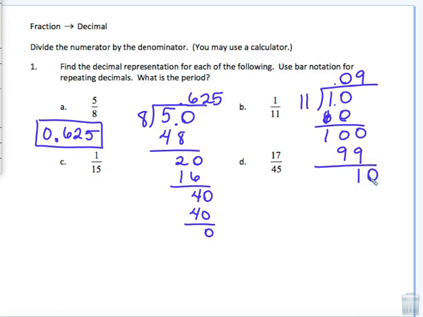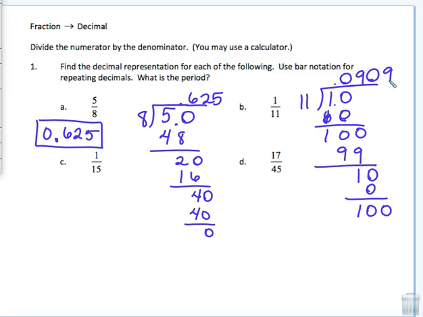We can drop a 0. 11 doesn't go into 10, so it's 0 times. You can write 0, or you can go ahead and just add that 0. 11 into 100 9 times, and you can see that pattern's going to continue, and so it's going to be decimal point 090909. So we're going to have a non-terminating repeating decimal with a period here.